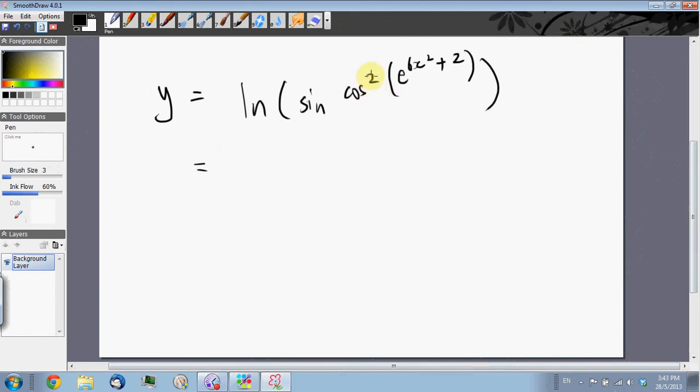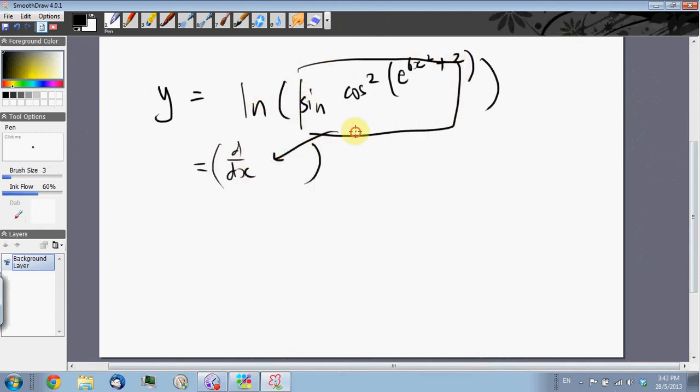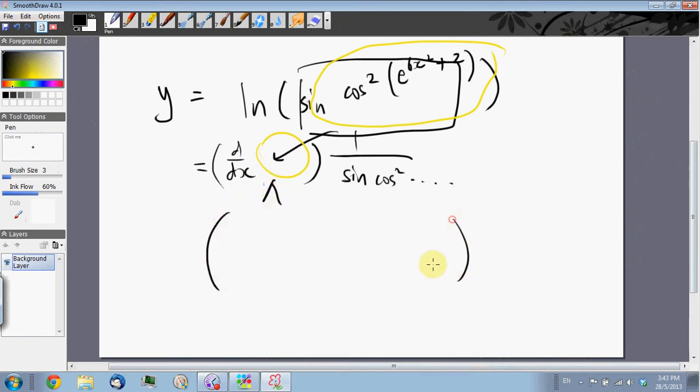In this case, you first have ln, so you must first differentiate what's inside. You bring this whole thing out here, and change the ln to 1 over this whole thing, sine, cosine squared, and so on. After that you want to differentiate this whole thing. You can split it up again and expand the d/dx.